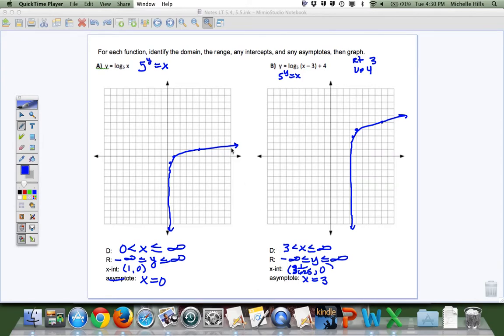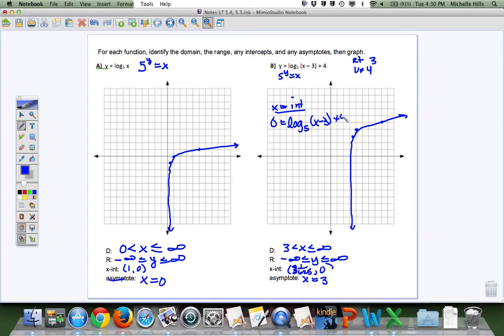I could also have solved it by saying, well, to find the x-intercept mathematically, it's when y is 0, so I could substitute 0 for y. 0 is the base 5 log of x minus 3, and then plus 4. I would subtract 4 because I want to get the logarithm by itself, so negative 4 equals the base 5 log of x minus 3.